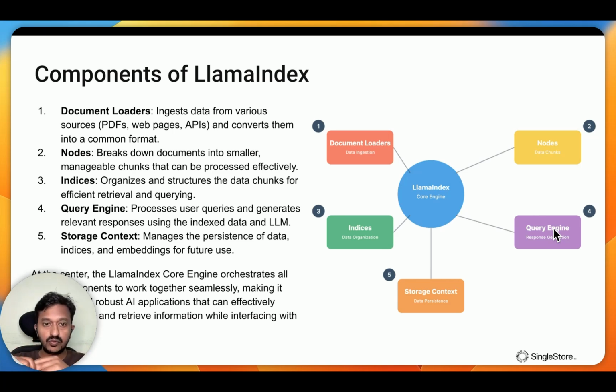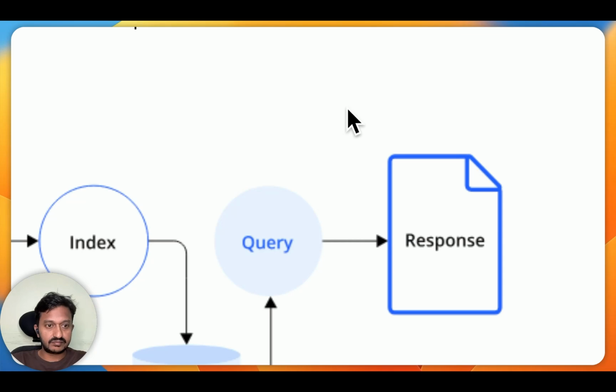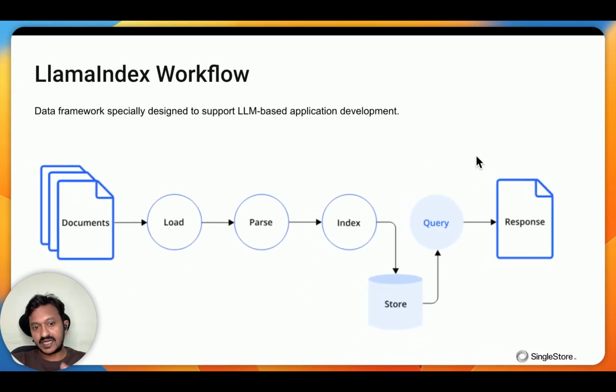All these things, like document loaders, query engine, storage context, are required to build a robust AI application. So this is a simple LlamaIndex workflow. There's a document which gets loaded, which gets parsed, and it gets indexed and stored in a vector store, like a vector database.